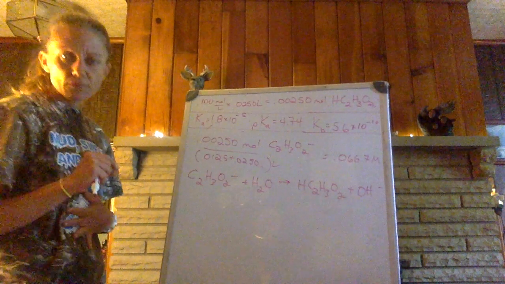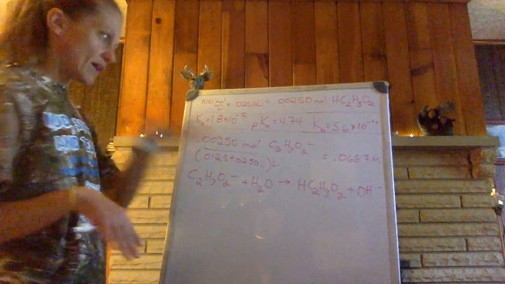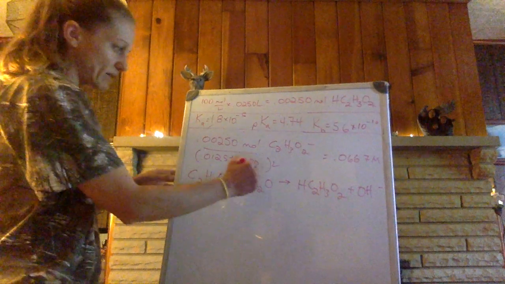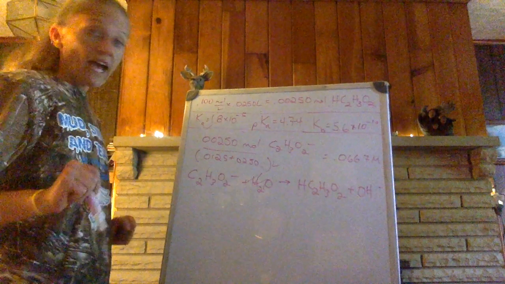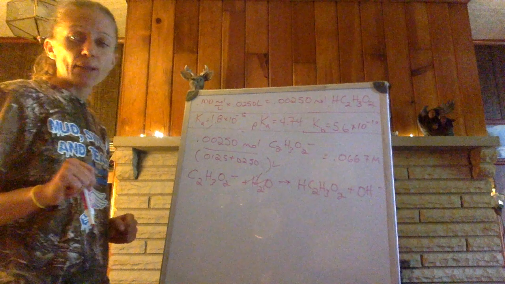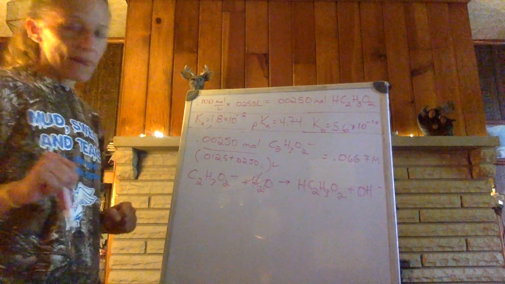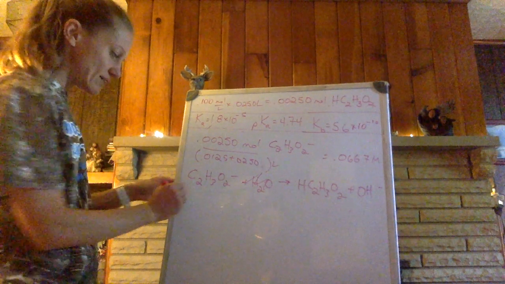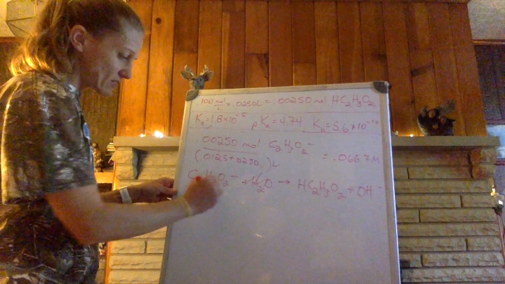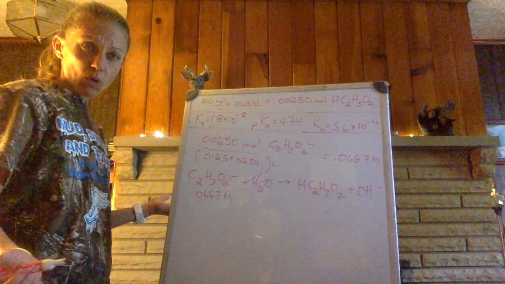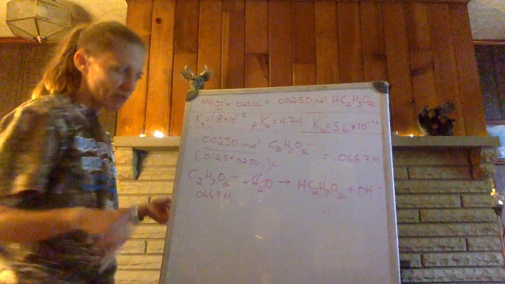So, I'm good. I've got Kb. I've got molarity. No one cares about water. And this is where I just put in that equation with the x's, and we know we're going to ignore x on this side. So 0.0667 molar. It would have had minus x, but we're not even going to bother with that.